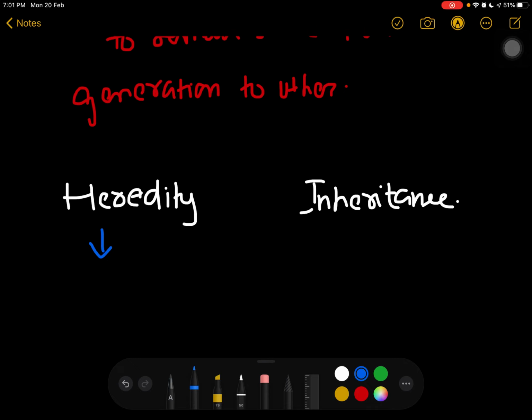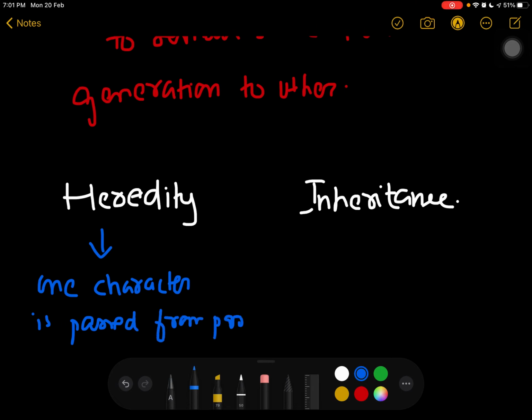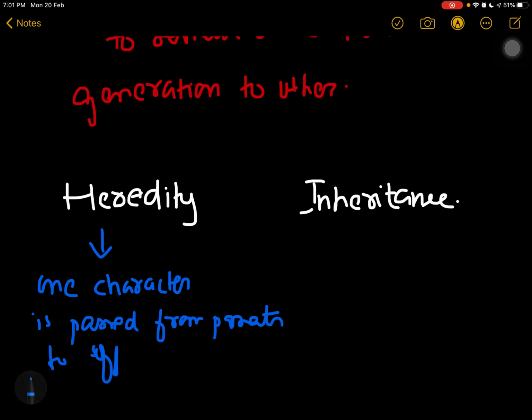You can say heredity is when one character is passed from parents to offspring. Now what is inheritance? Inheritance is the passing of the whole component, like the DNA. The whole DNA is passed from the parents to the offspring, like we are talking about nuclear DNA, right?